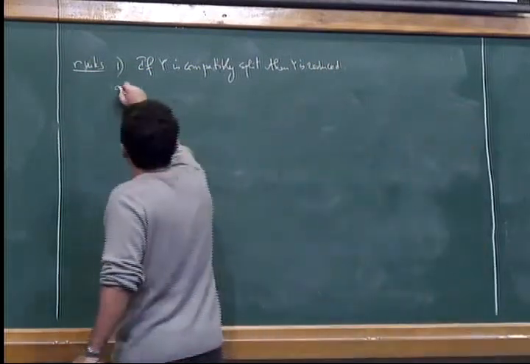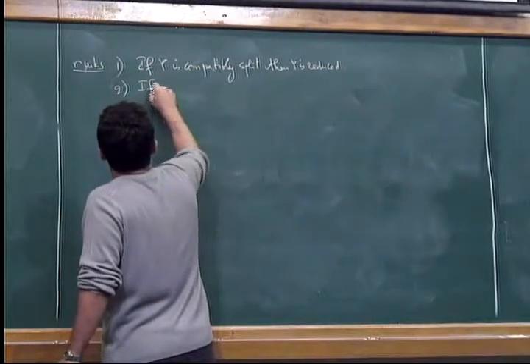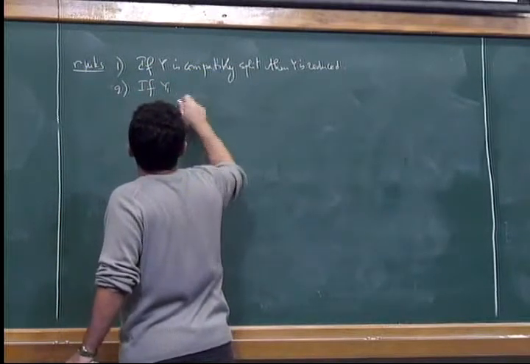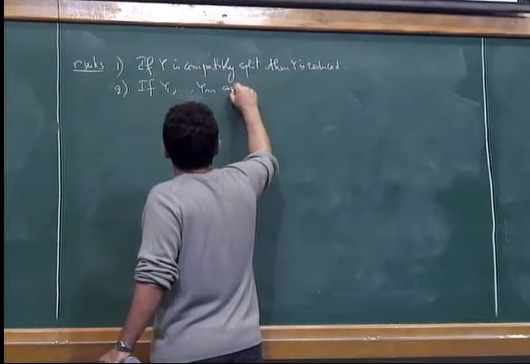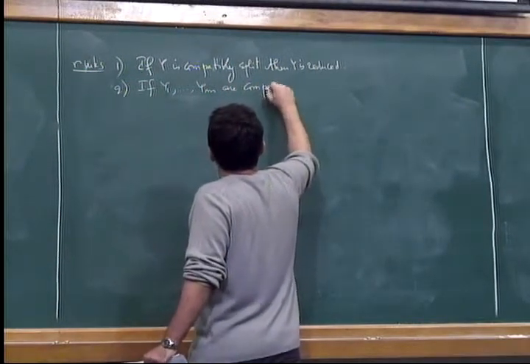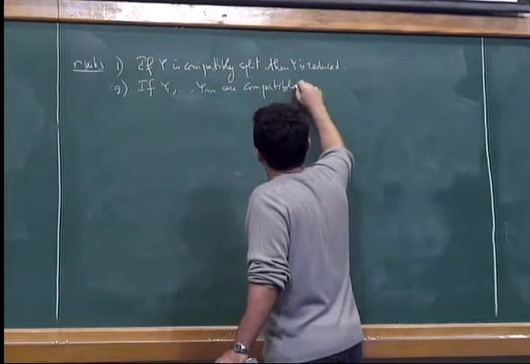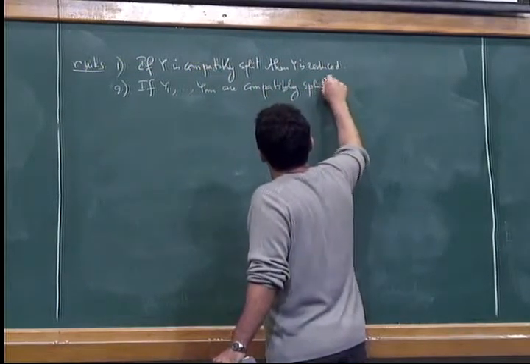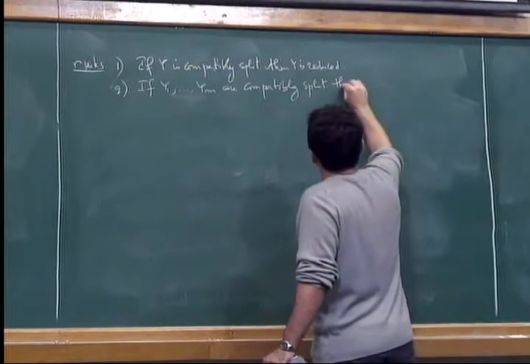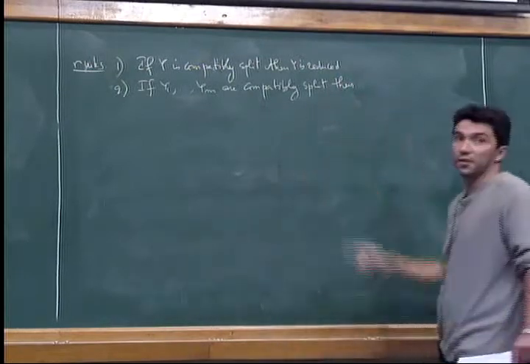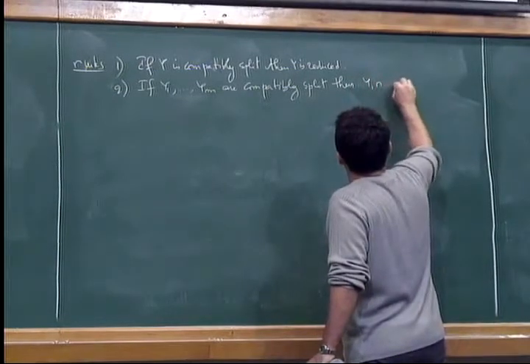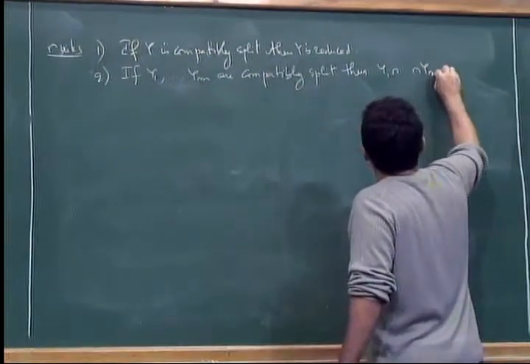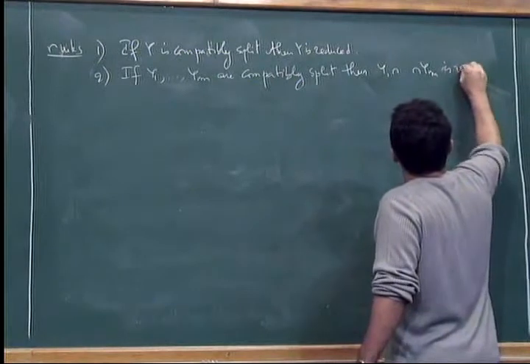And if Y1 up to Ym are compatibly split, then we saw that the intersection has to be compatibly split. So the intersection has to be reduced.